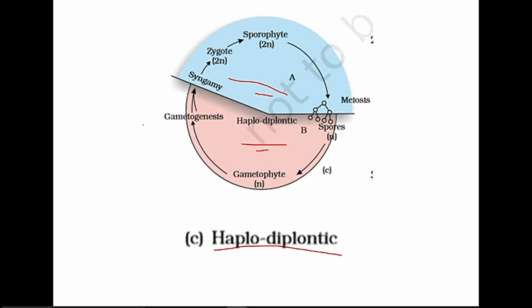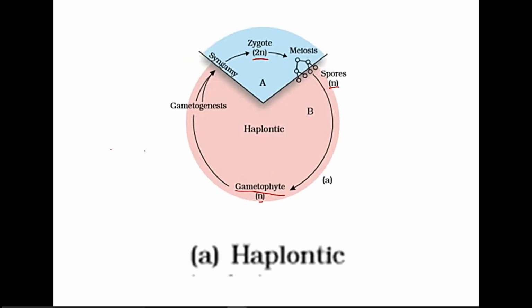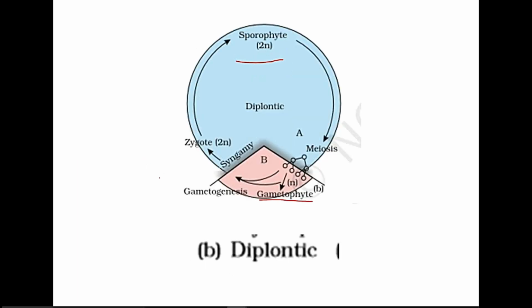Here, for the haplontic life cycle, the examples are algae, and when it comes to the diplontic life cycle, the examples are bryophytes, no, that was wrong.